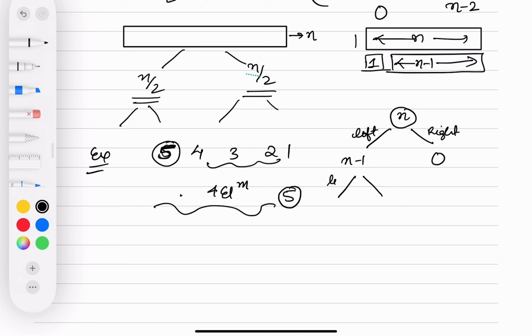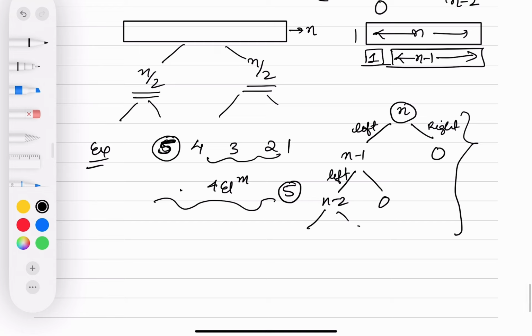Here again at left you will have n minus 2 elements and 0. So like this, you will get what we call a skewed recursion tree. Correct? Are you getting this? I'm writing this because it will help you for the derivations.